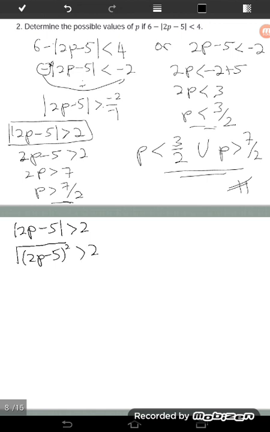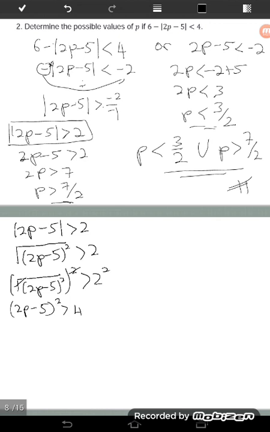Then taking the square on both sides, you will have square root of 2p minus 5 squared greater than 2 squared. Square root and square cancel, so you will have 2p minus 5 squared greater than 4.